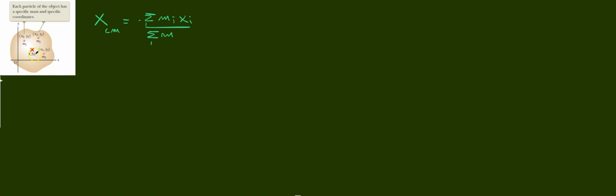What I want you to notice is that if the rigid body is homogeneous, so the properties, like the density, are the same in all directions, and gravity acts uniformly, then the center of mass is also called the center of gravity.